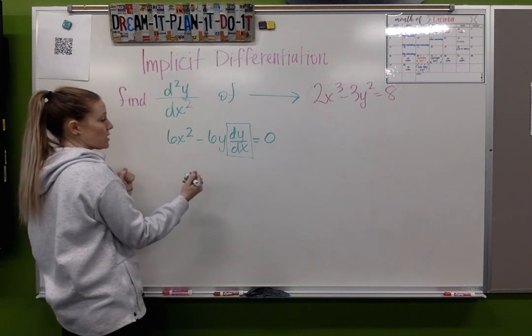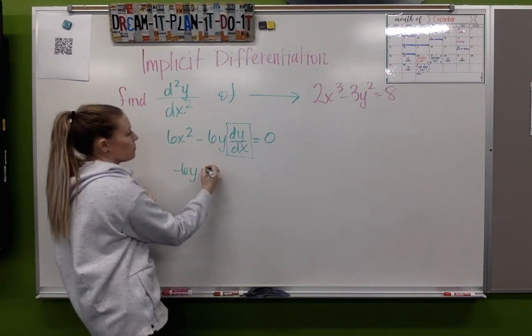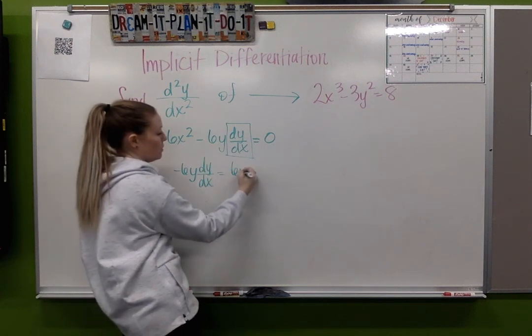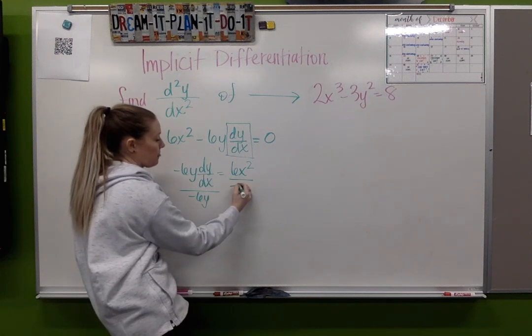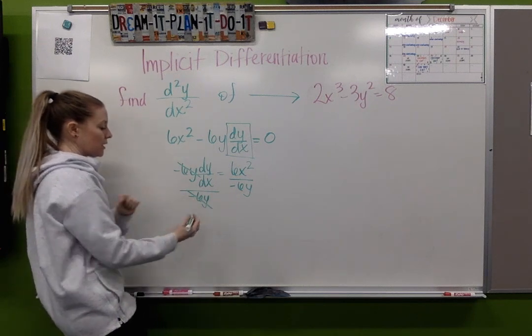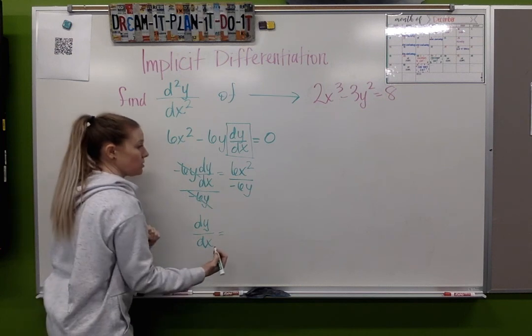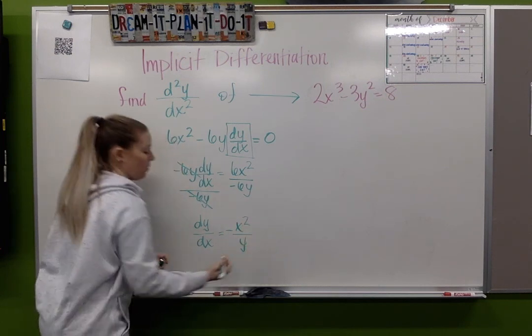So I'm going to subtract the 6x squared over. And then I'm going to divide by my negative 6y. So here, my dy/dx equals negative x squared over y.